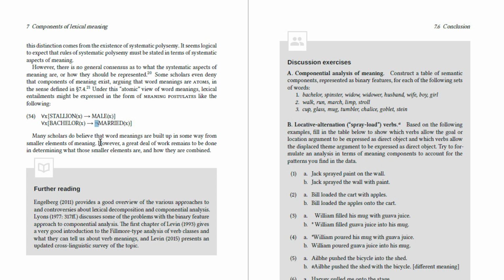This page is not important for me, but what is okay for me to read is the discussion exercises. Next time we have to discuss the topic of componential analysis and answer question number 8.